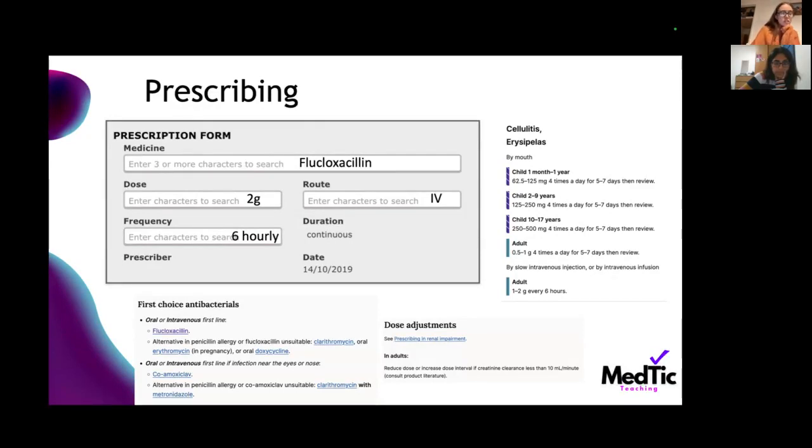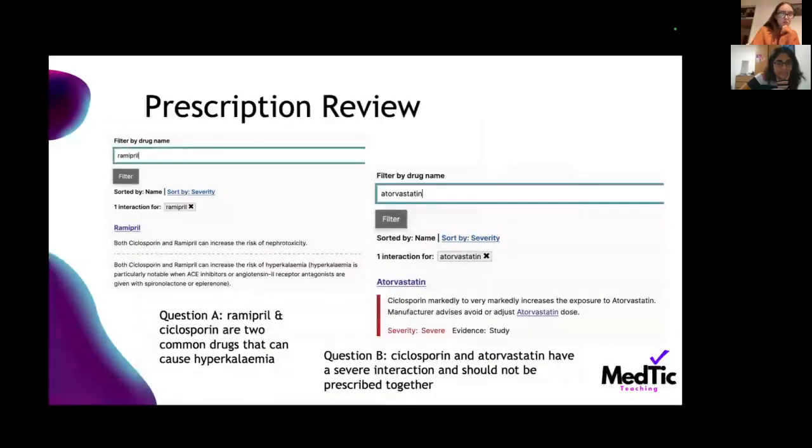Okay, so we've got 2 people suggesting the statin and the cyclosporin shouldn't be prescribed together. So if we press next, those are absolutely right. And we're going to now go over why.